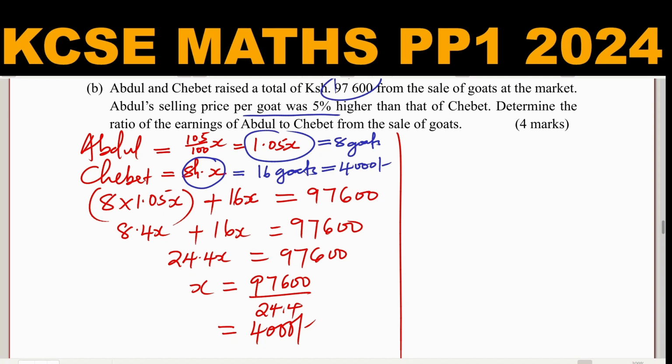So we can now get Abdul's total amount and Chebet's total amount, because now we have the value of X. We have the value of X, so we can simply get Abdul's earnings by taking the selling price of each goat, which is 1.05x.